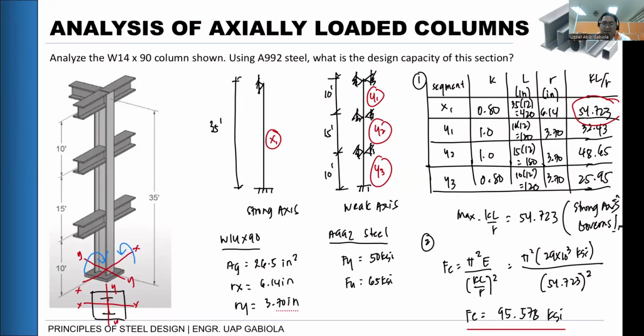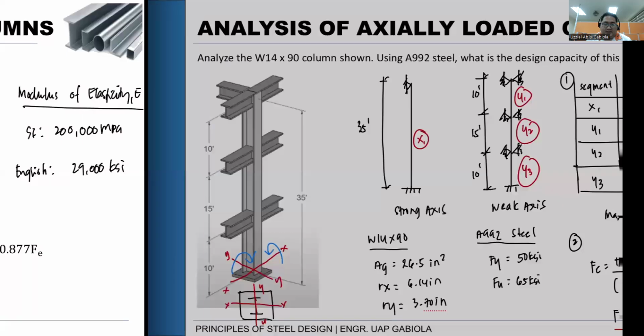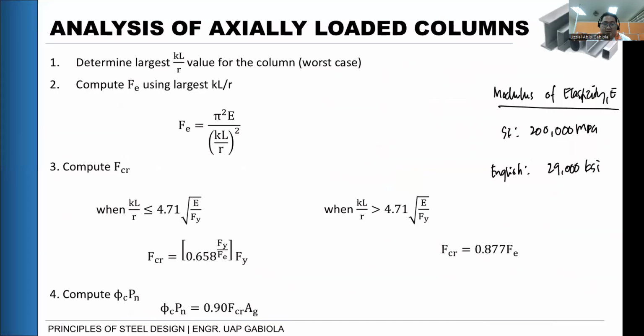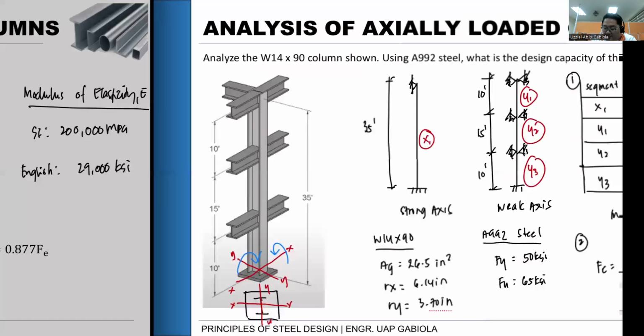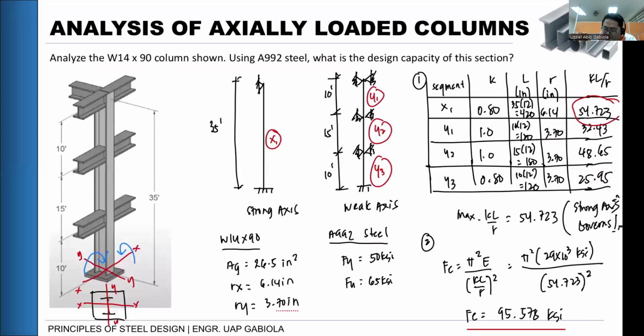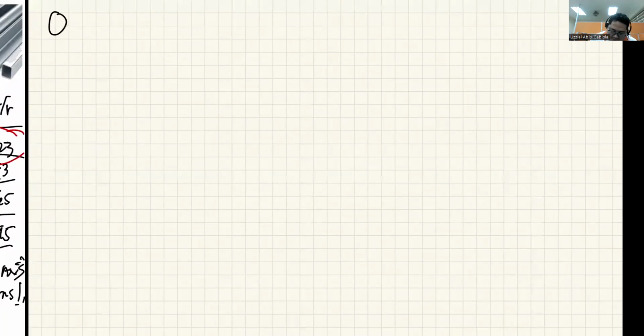Okay? Next step natin after computing for Fe is compute for Fcr. Pero i-compare natin muna si KL over R natin from step 1 sa 4.71 square root of E over Fy. So, for step 3, kunin natin si 4.71 square root of E over Fy.